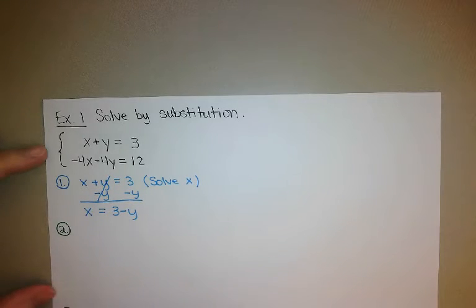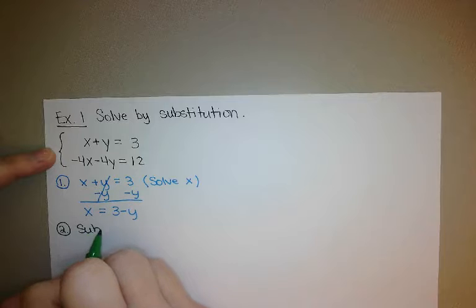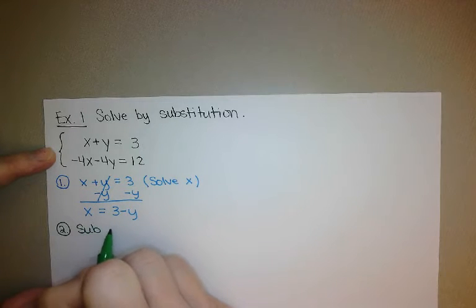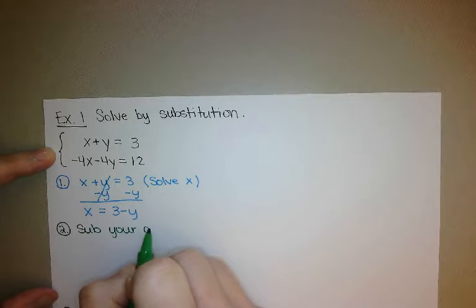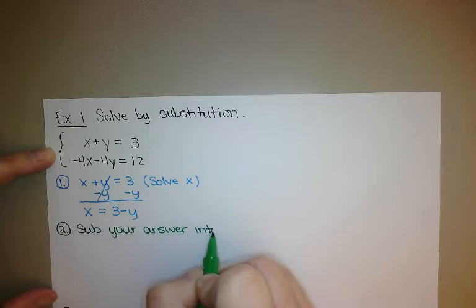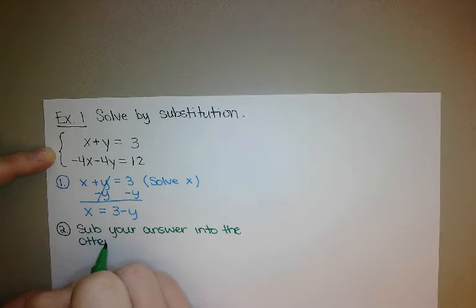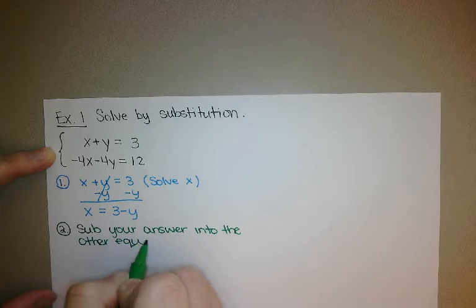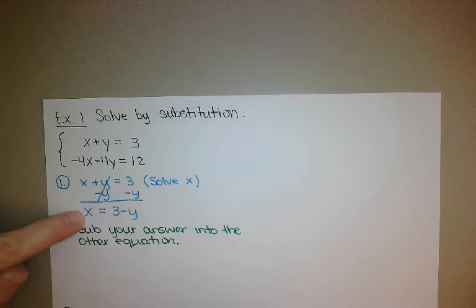All right. Now my step 2 is I want to sub that into the other equation. So sub your answer into the other equation. All right, so I want to substitute into the x.